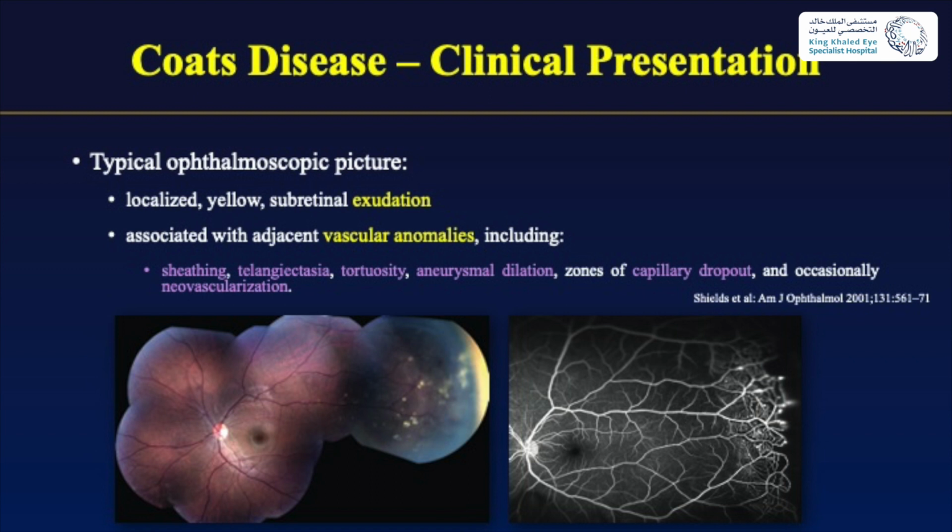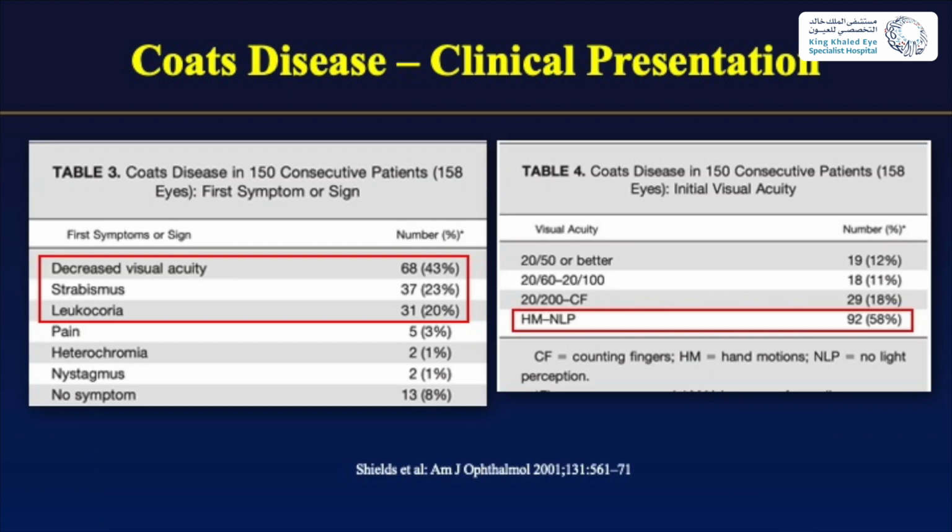A typical ophthalmoscopic picture includes subretinal exudation with vascular anomalies in the form of sheathing, telangiectasia, tortuosity, aneurysmal dilation, zones of capillary dropout, or occasionally neovascularization. In the series of Shields of 150 consecutive patients, the most common presenting symptom was decrease in visual acuity in 43% of patients, followed by strabismus and leukocoria.